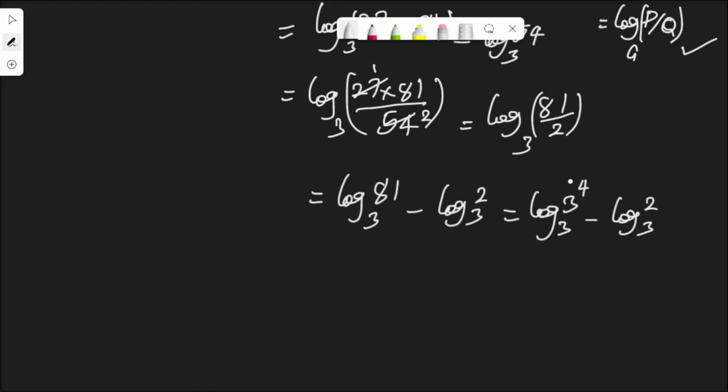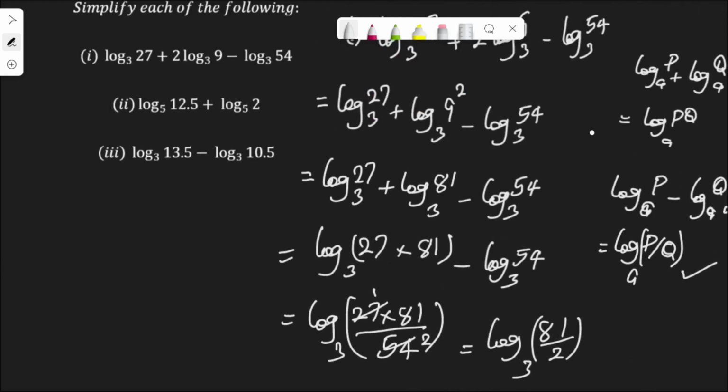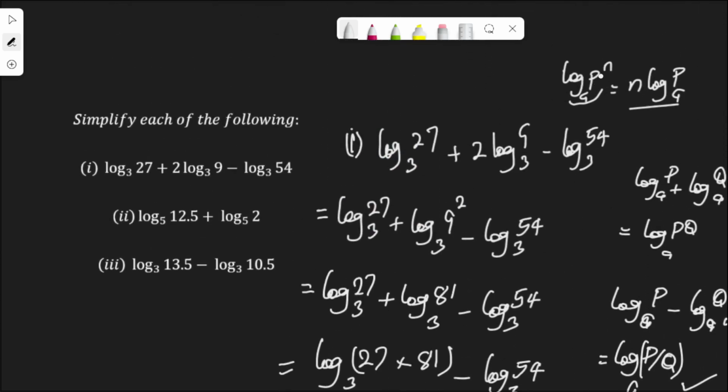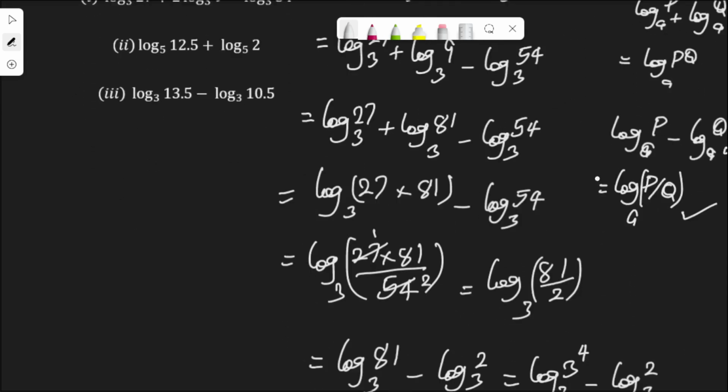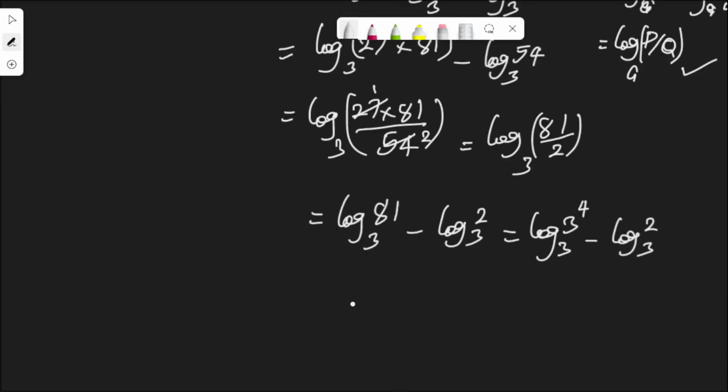So applying the first law that we applied earlier, log p to the power of n to base a is n log p to base a, that will be 4 log 3 to base 3 minus log 2 to base 3. And the logarithm of a number to the same number as base is 1. What do I mean?